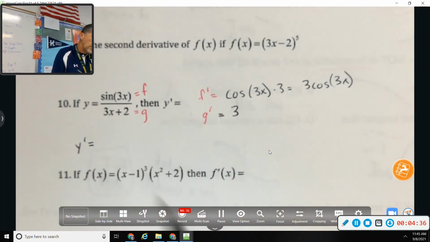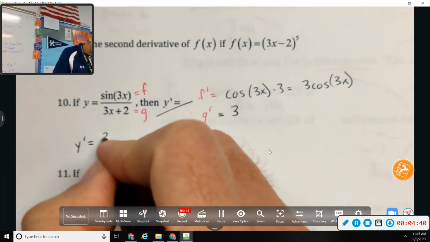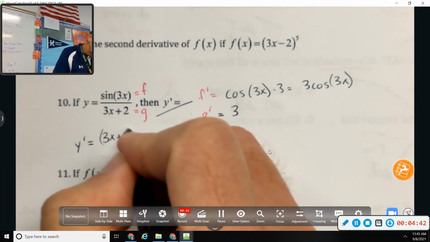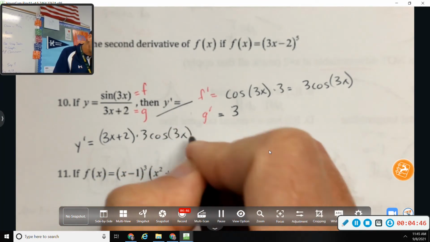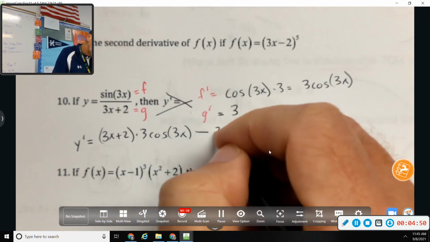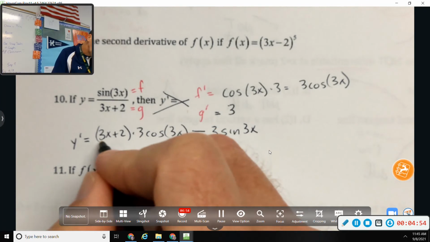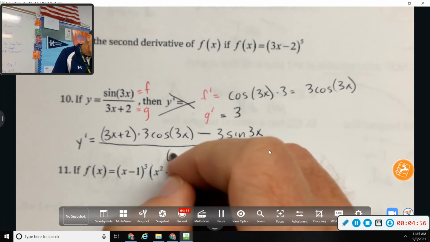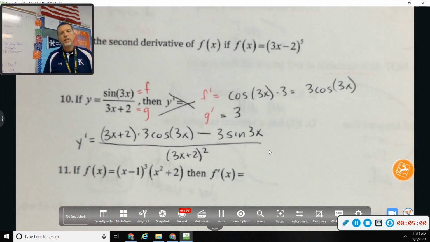So y prime is g f prime, 3x plus 2, times 3 cosine 3x, minus f g prime, sine 3x, 3 sine 3x, all over g squared.